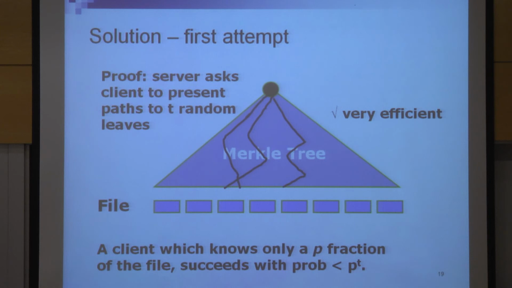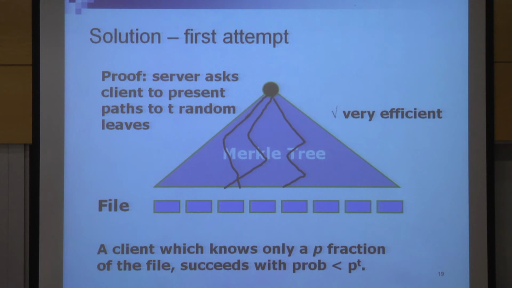So it has a probability of p to the t. Because we're trying to be very efficient, t is going to be on the order of 10 challenges. So 90% to the 10th adds up to 35%, more or less. So a malicious guy knowing 90% of the file can actually cheat with probability 35%. That's too bad. It's not as strong as we want.